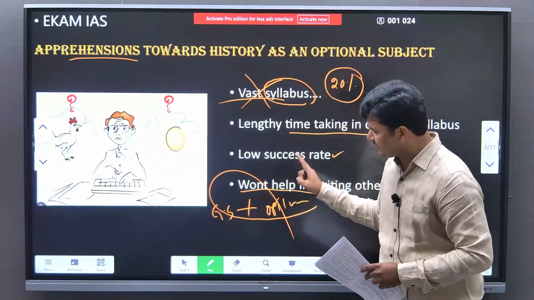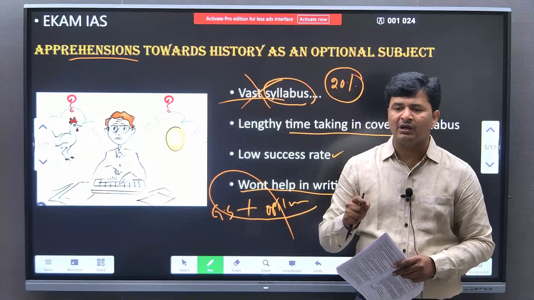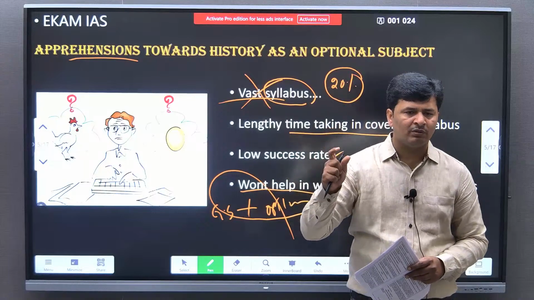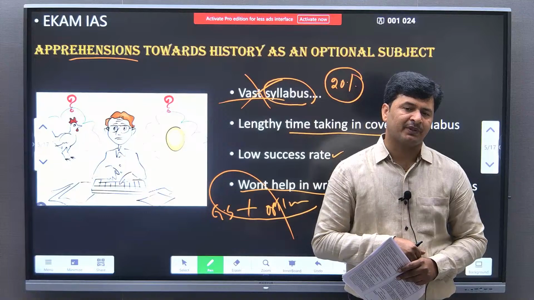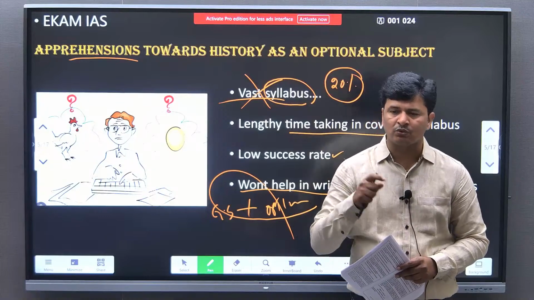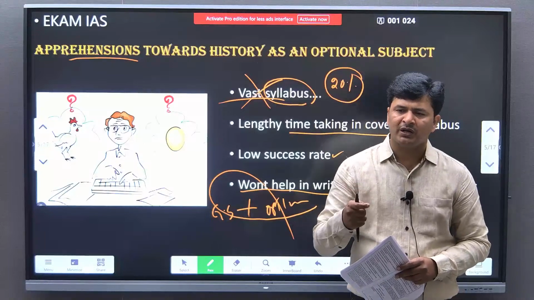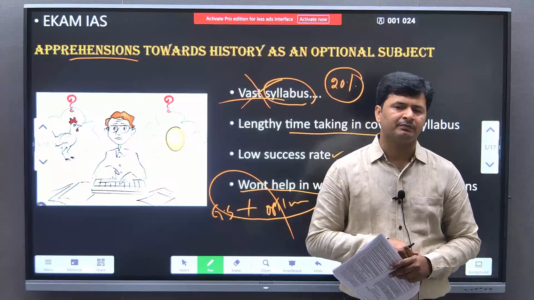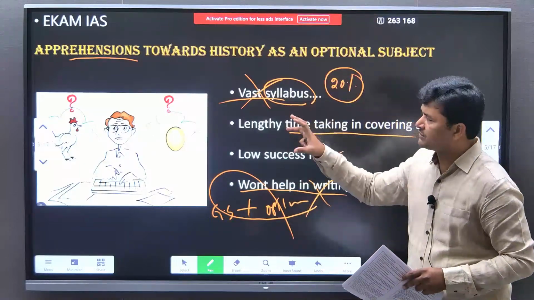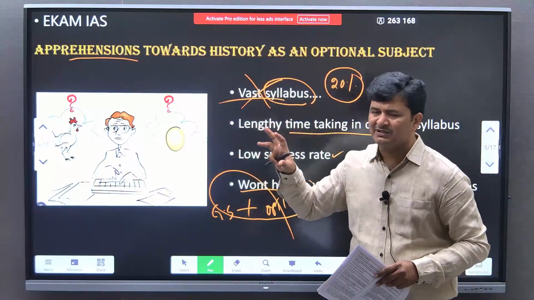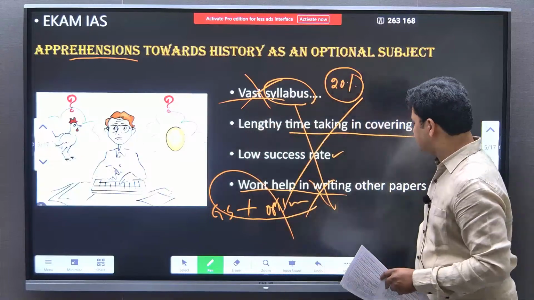So social institutions are also covered in ancient Indian history. So with the background of history, on one hand you can write the general essay, at the same time the GS paper. And besides, you can't imagine the competitive exams, to be specific groups, the group 1 ganivandi, group 2 ganivandi, without history. So this is ruled out. We generally carry myths, and let me tell you, these are the myths, these are the apprehensions. You shall not keep all these myths in your mind.